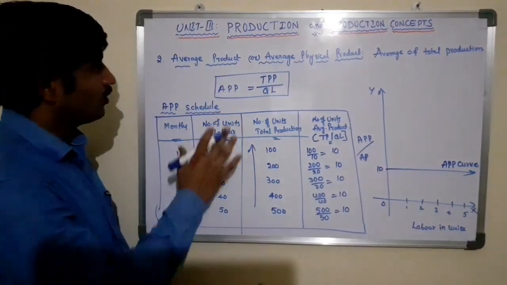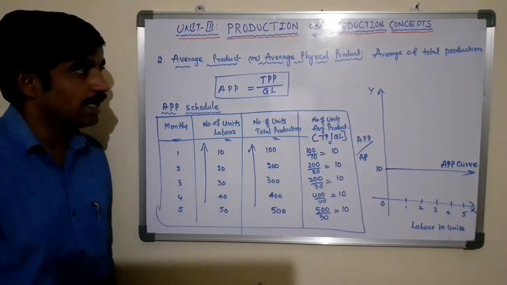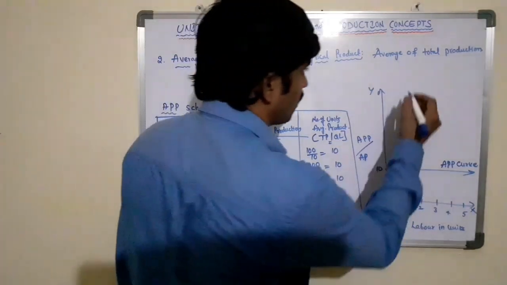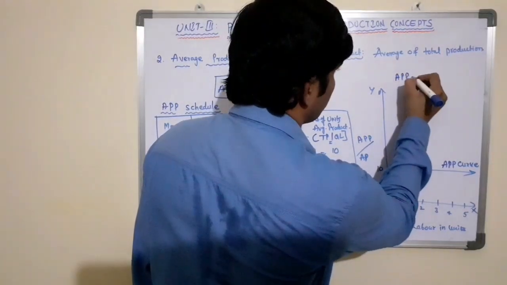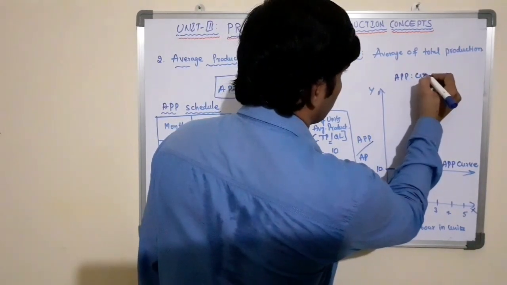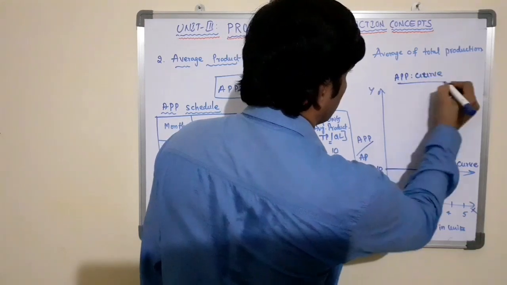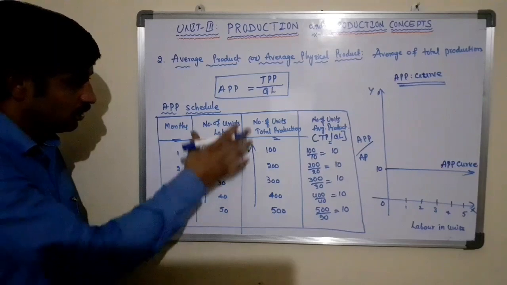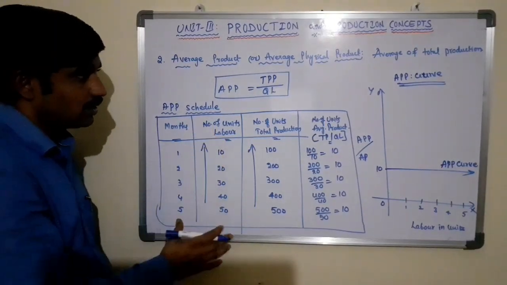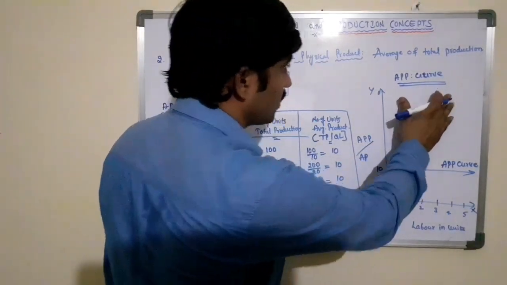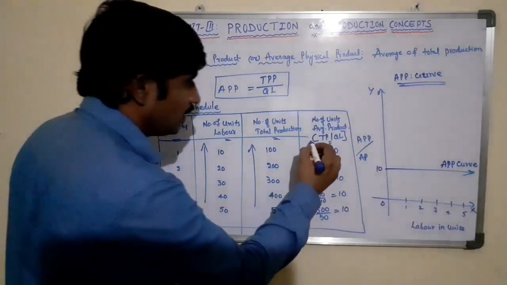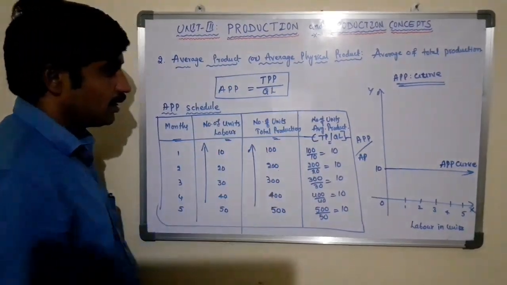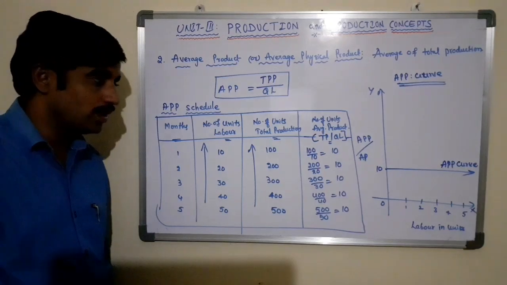This is about the average product or average physical product. The average physical product curve is explained by using the average physical product schedule. This is the average physical product schedule and this is the average physical product curve. For every increase in the labor or the input, proportionately the total production also increases.